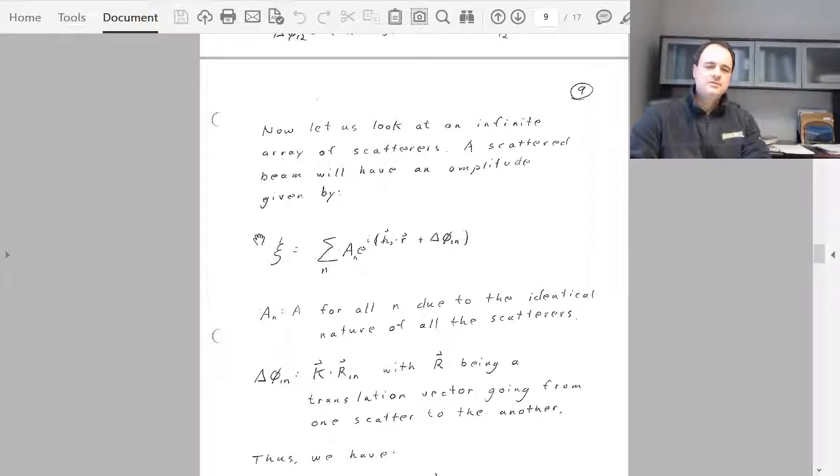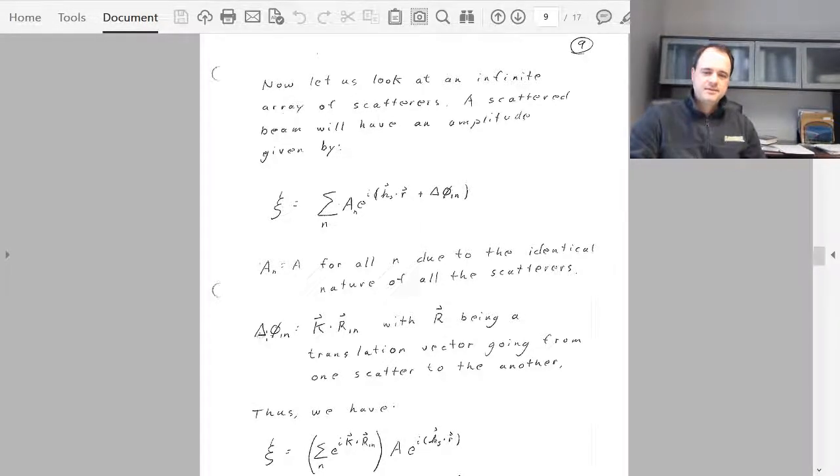All right. So we have the total wave amplitude is equal to a sub n e to the i k dot r plus the appropriate phase difference, the difference in phase between the wave for scatter 1 relative to that of scatterer n. Okay, these a sub n's, we denoted it as a sub n for generality, for completeness' sake. But actually, since they're identical scatterers, each one of them is the same. We just denote A, so they're all the same for all n due to the identical nature of the scatterers.